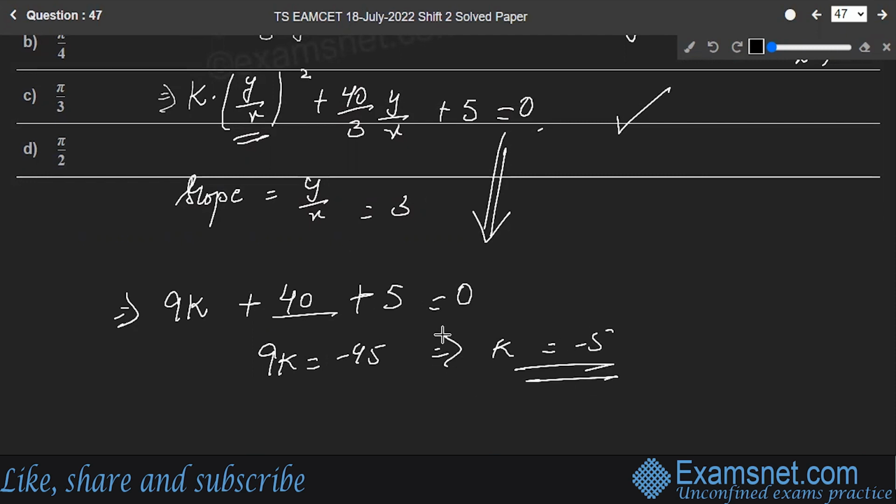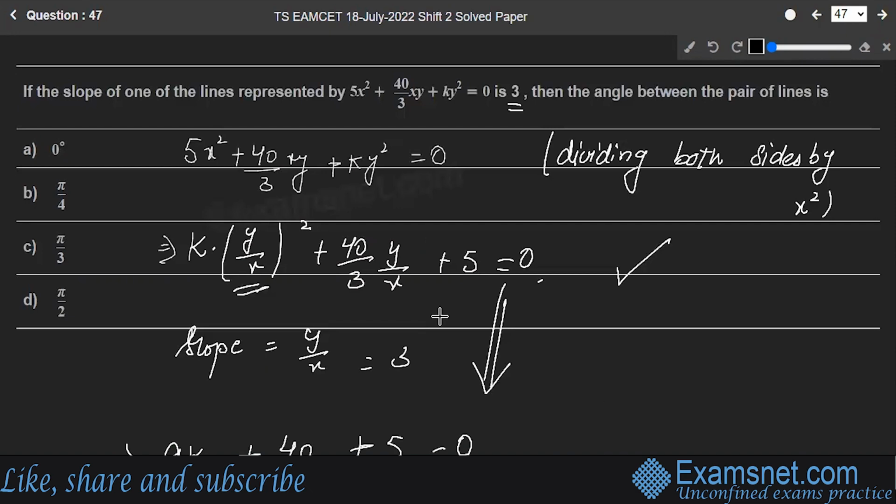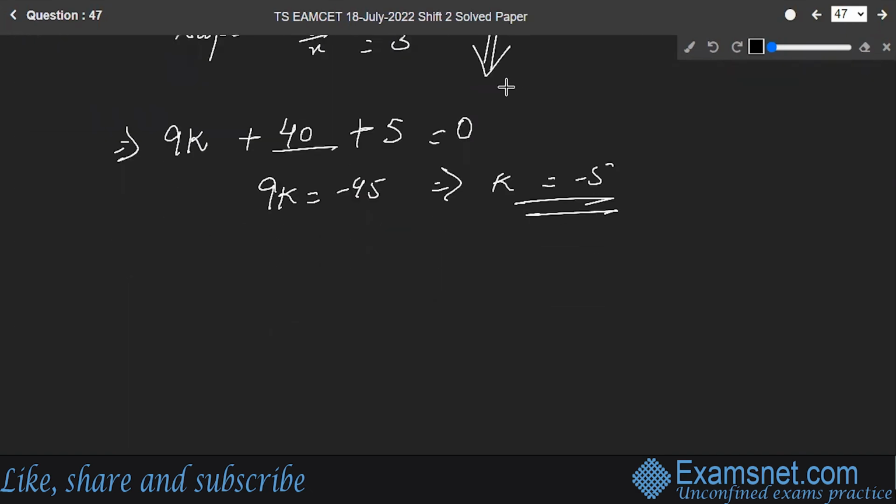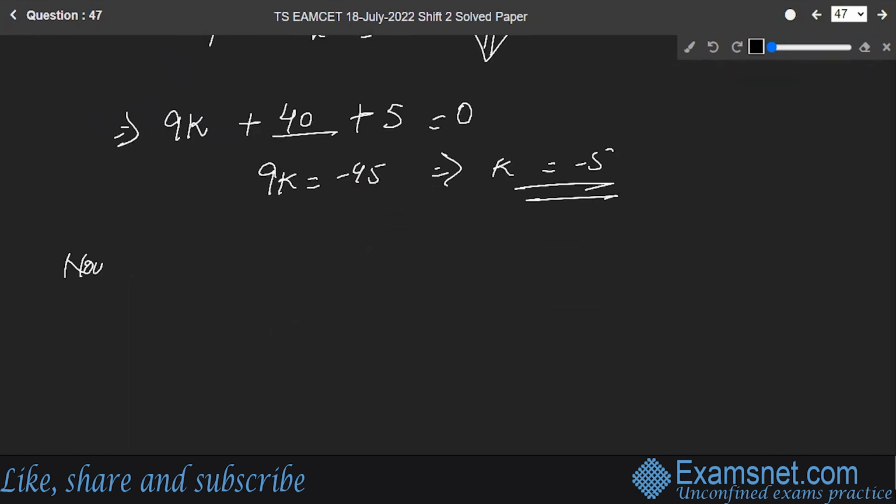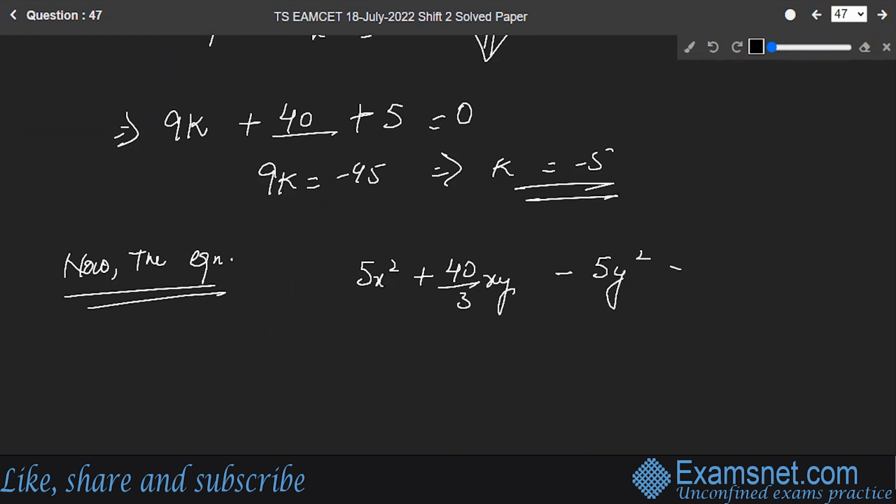This is the value of k. So that means the pair of straight lines for which we are given this equation now becomes 5x squared plus 40 upon 3xy minus 5y squared is equal to 0.